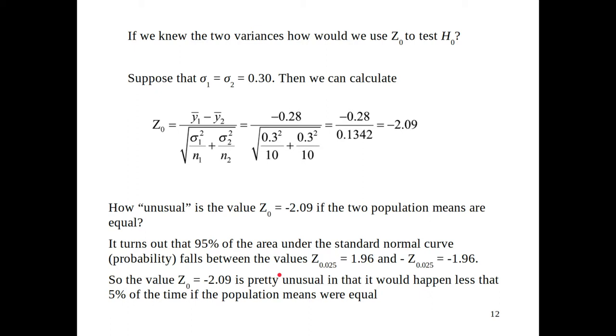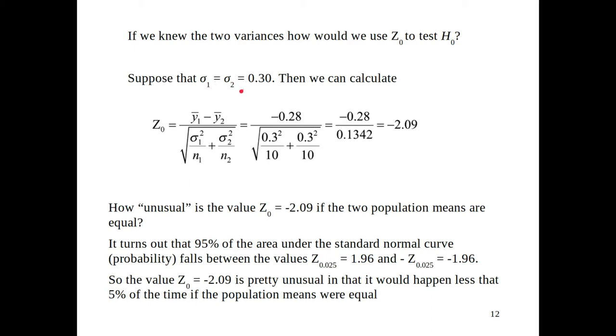If we knew the two variances, how would we use the z0 statistic to test the null hypothesis? Suppose we know the variances or we know the standard deviations, right? Let's suppose that both populations, the modified and unmodified, I'm not talking about sample, I'm talking about the entire populations, right?